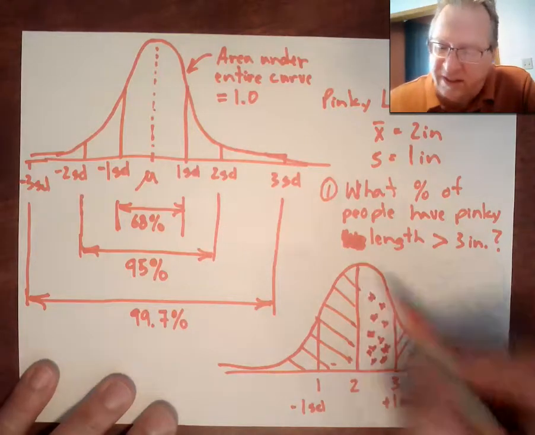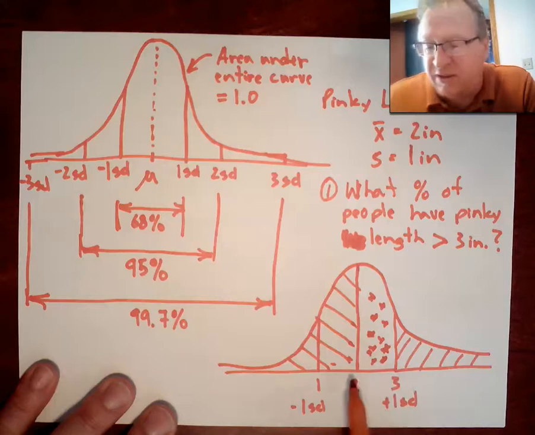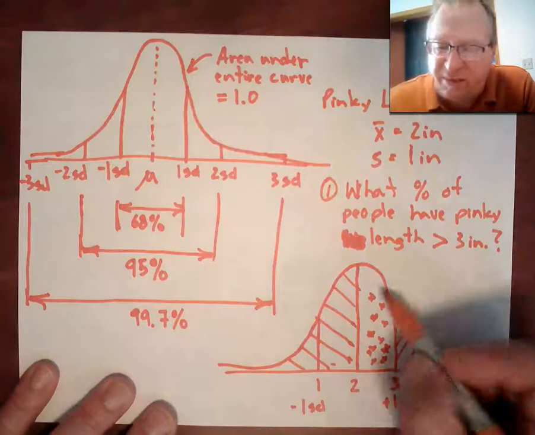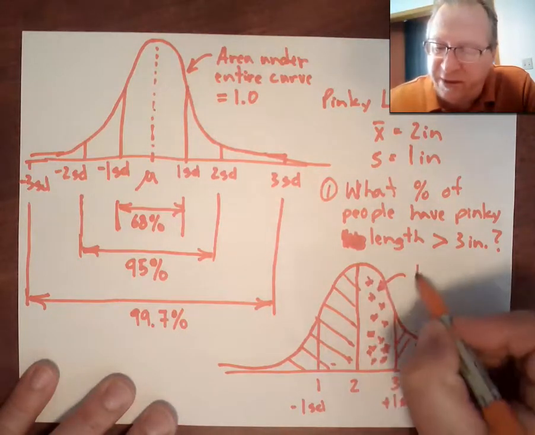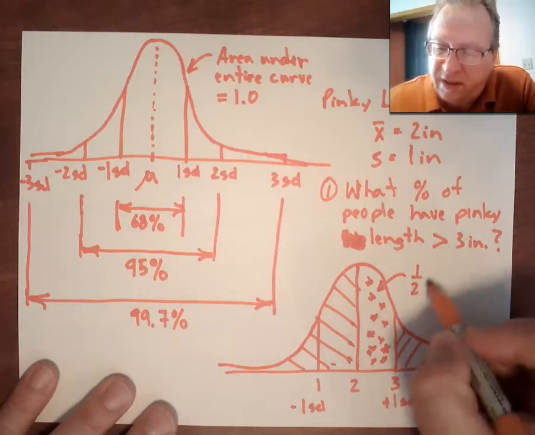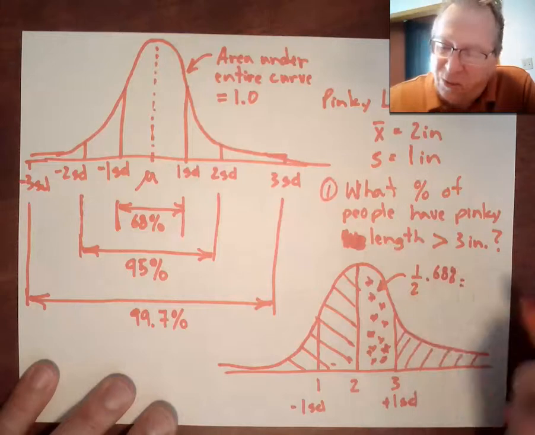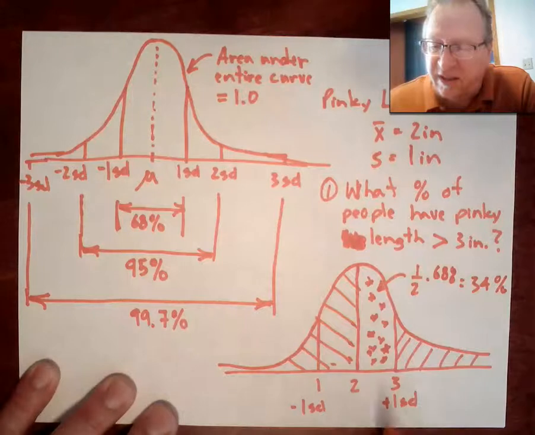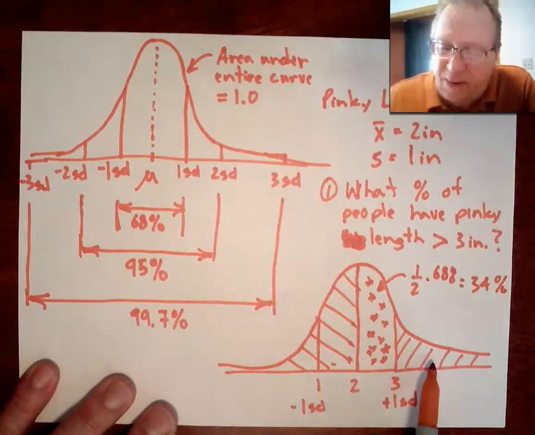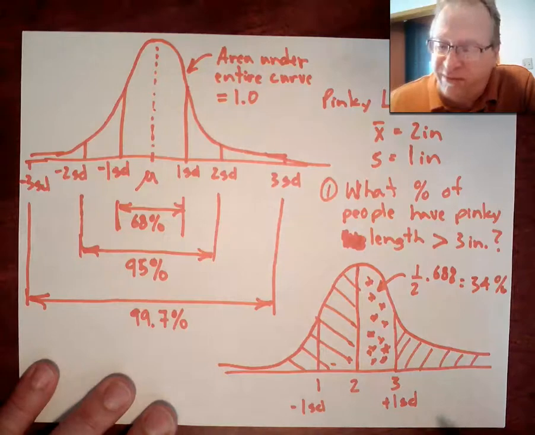Well, let's see. Since the area between 1 and 3 is equal to 68% or 0.68, this is going to be half of that. And so this area is going to be 1/2 of 68% or 34%. That's not our answer yet. We want this. Well, we know that the right side of it is equal to 0.5.